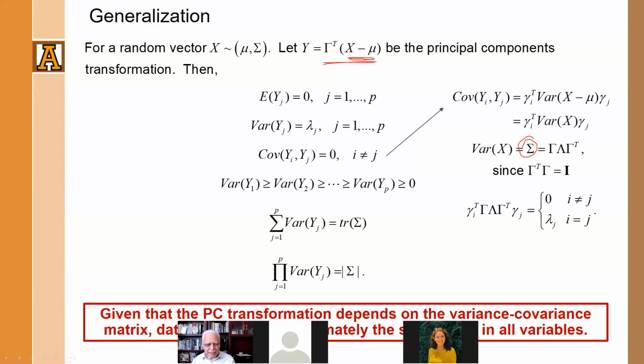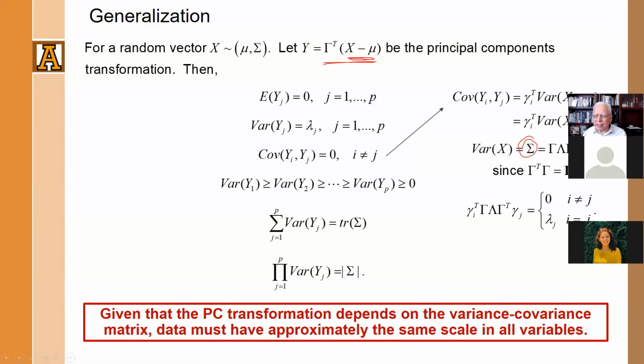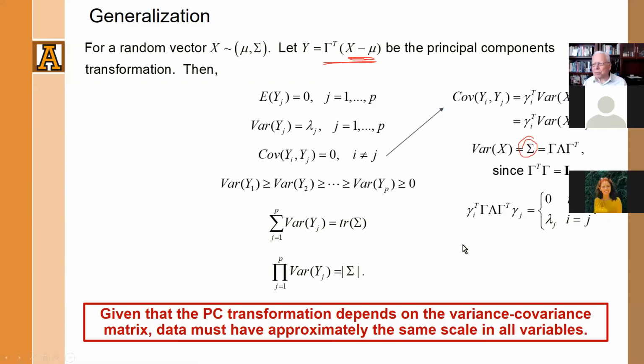Is that clear why we need to do this standardization of the variables, subtract the mean and divide by the standard deviation? We do that to eliminate the effect of different units of measure for the different variables.